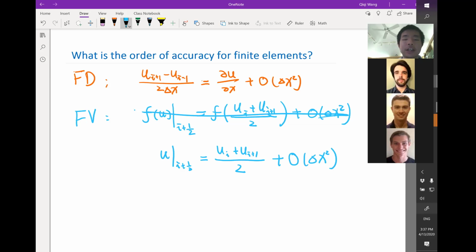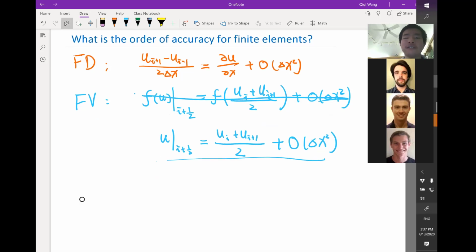If we have this, and if the flux function is smooth and continuous, we can then also claim that the flux approximation is also second order. So essentially, in finite volume, we have been doing a different kind of accuracy analysis for the flux approximation: how to approximate things on the interface with things that are volume averaged on the different sides of the interface.